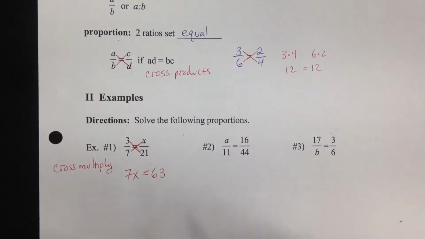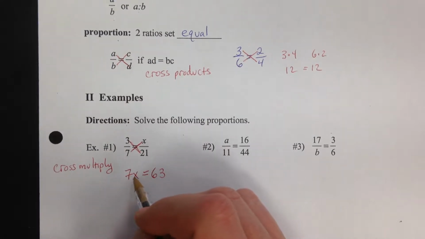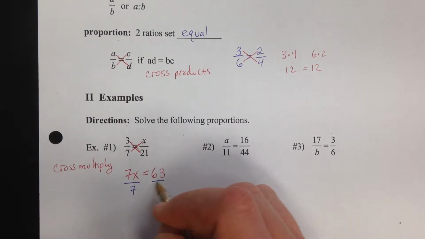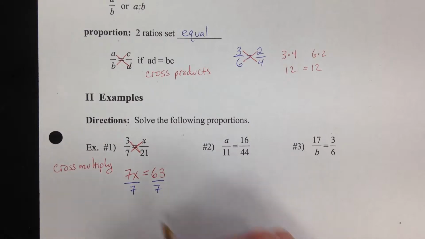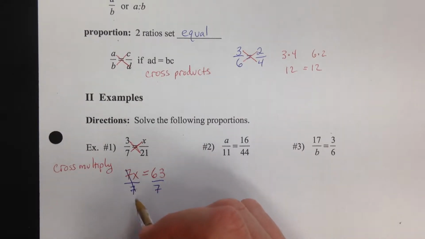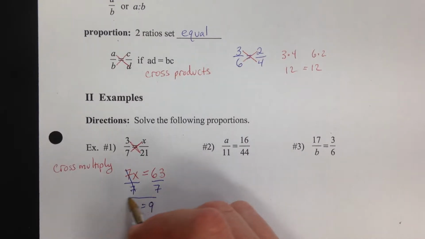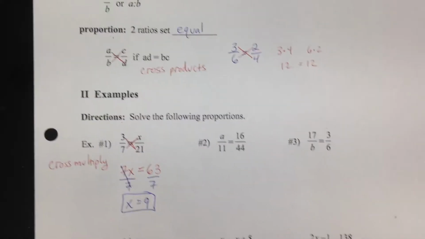So now what you have is an equation. We're going to solve the equation. This is 7 times x. I want to get x by itself, so to undo multiplication, we are going to divide by 7. 7 divided by 7 is 1, so we get x equals 63 divided by 7 is 9. And that's the solution.